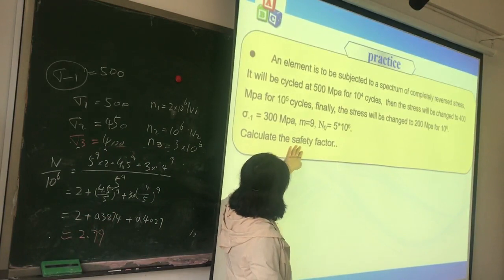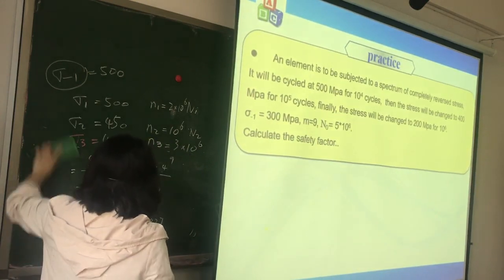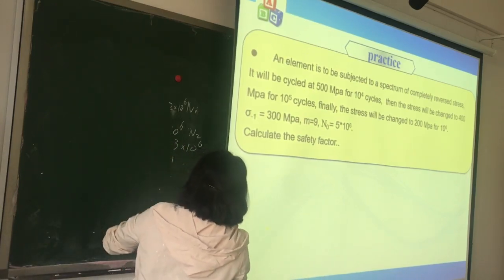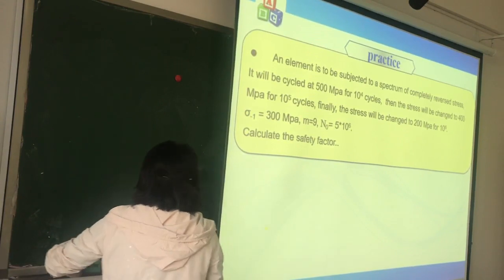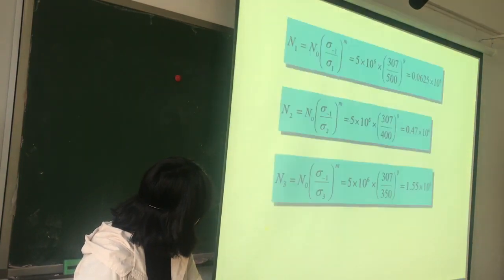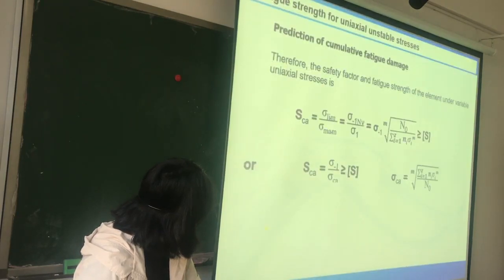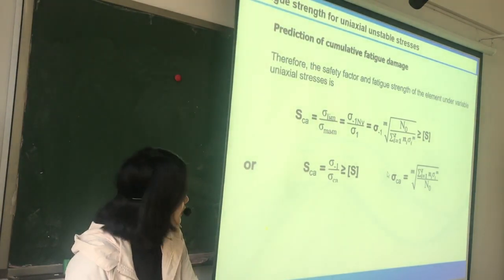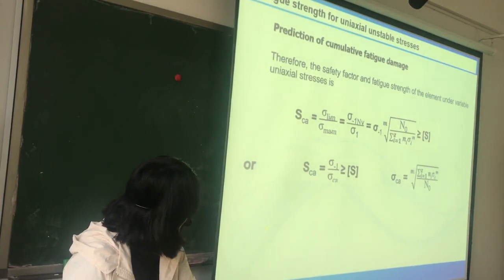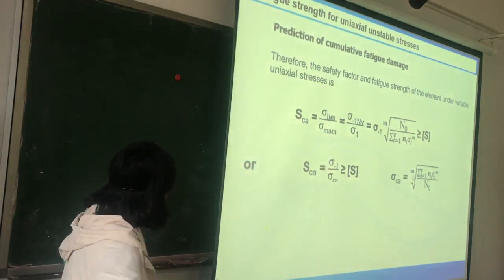So calculate the safety factor. We use the safety factor calculation equation, this or this. We can calculate sigma Ca first.